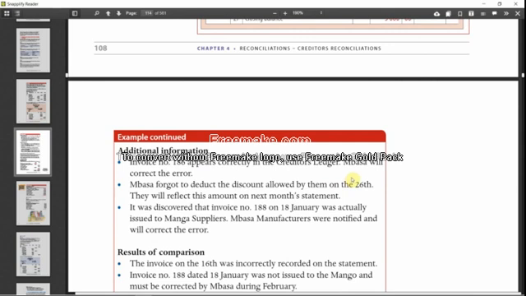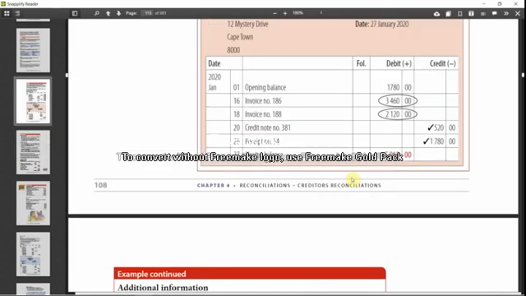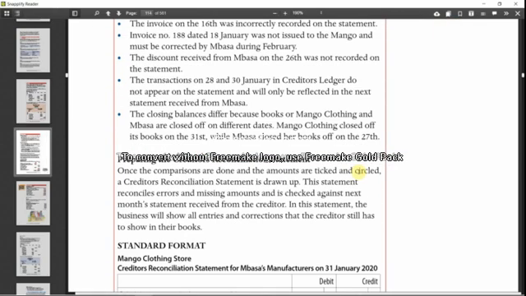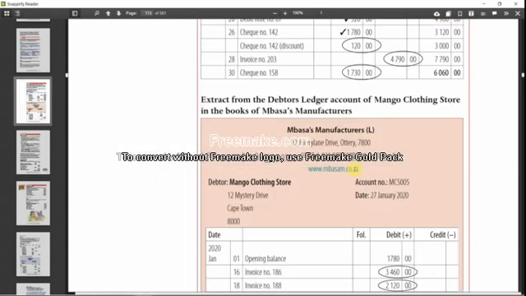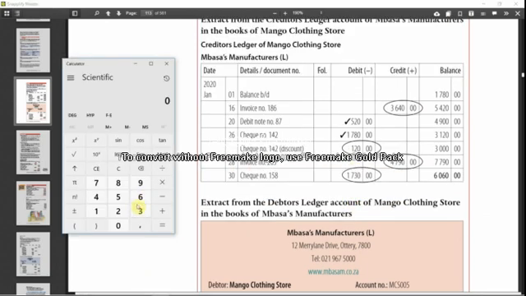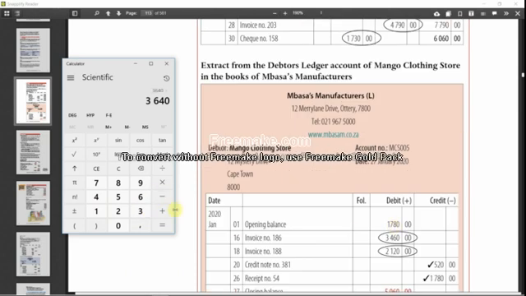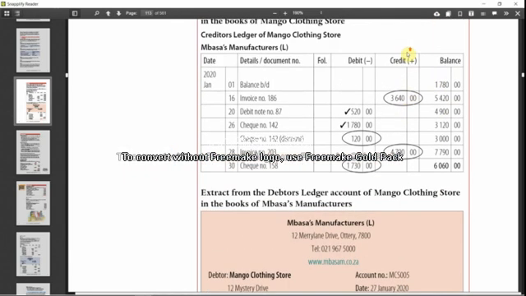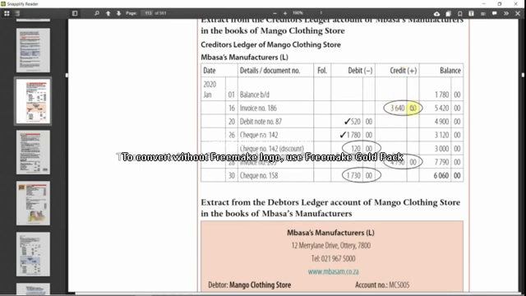So we will have to find the difference between 3460 and the 3640. The difference between 3640 and 3460 is 180 Rand. So the entry we made on our side is correct.